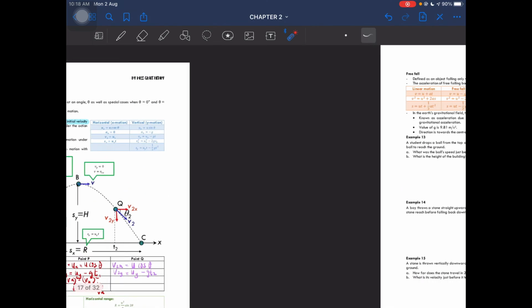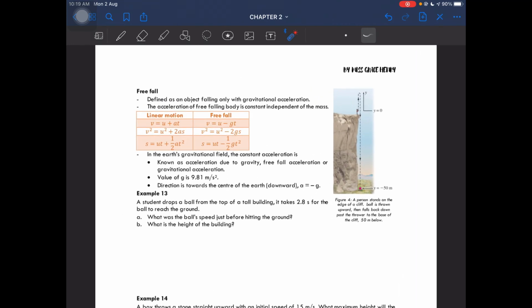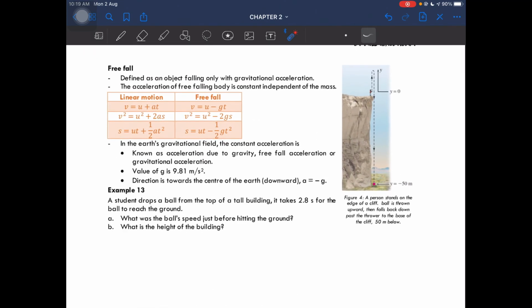Now we are going to look at free fall. Free fall is defined as an object falling only with gravitational acceleration. It falls due to gravitational acceleration, and the acceleration is always constant and independent of the mass.